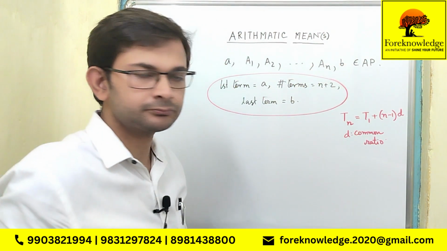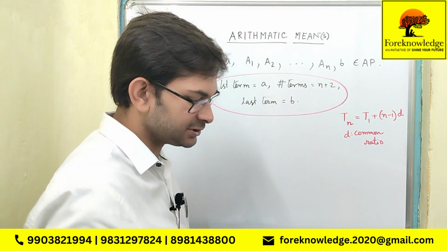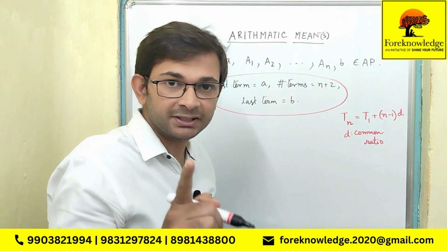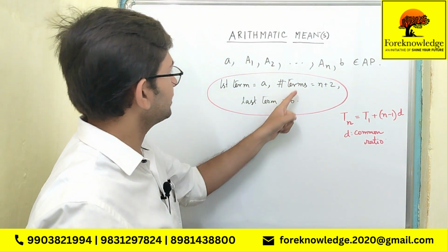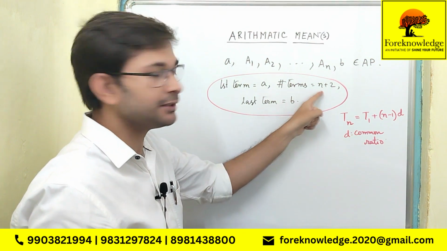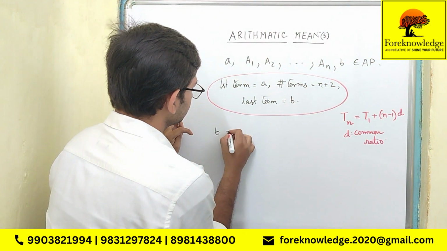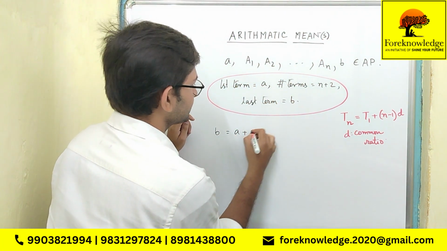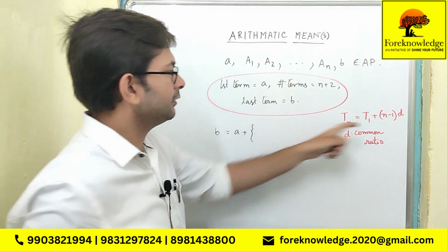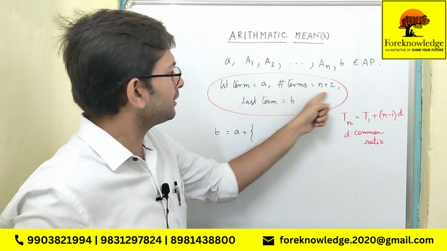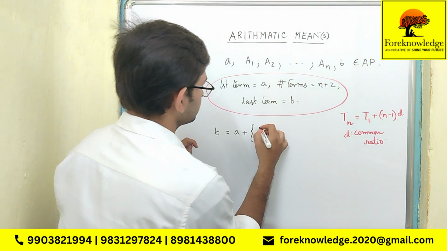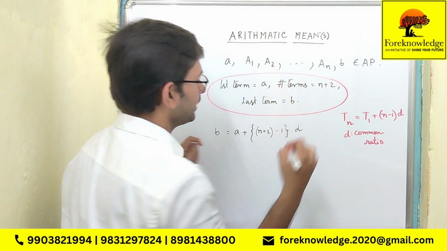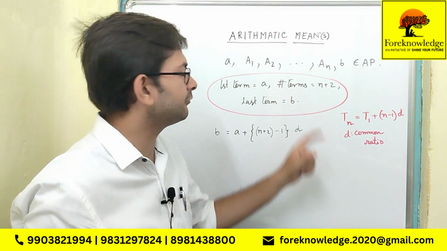So here, B is the n plus 2th term, because the last term is the n plus 2th. So B equals T1, the first term A, plus within brackets n plus 2 minus 1 into D. We have to find this D only.